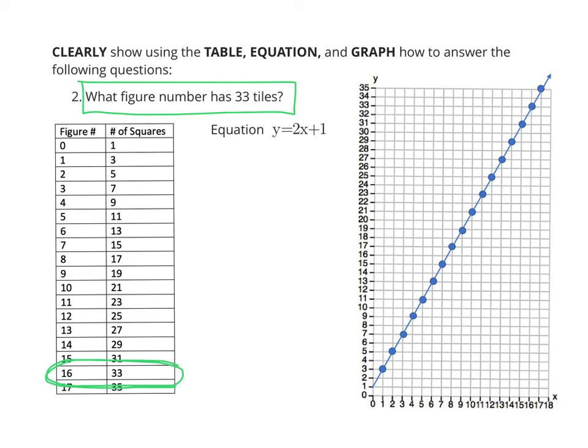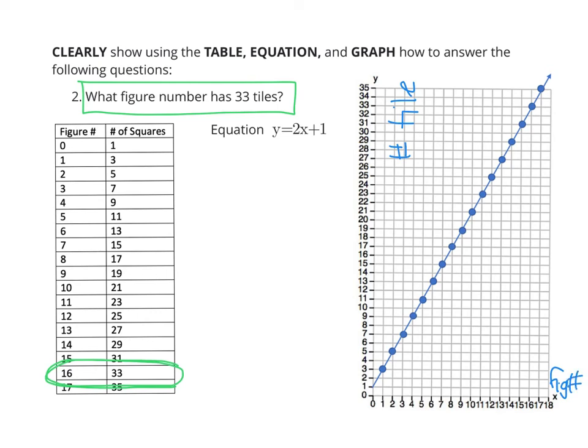Okay, let's see if that translates to my graph. Remember, the y-axis, yours is labeled, mine is not. Remember that the y-axis represents the number of tiles or the number of squares, and the x-axis is the figure number. And by writing that right there, I'm going to be right in the way. So let's erase the figure number. Here we go.